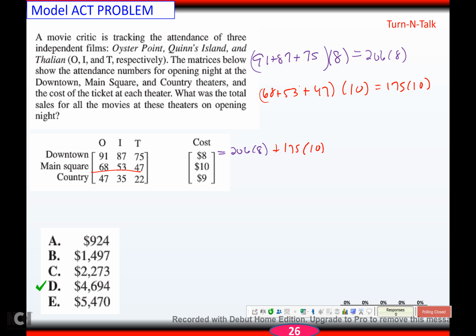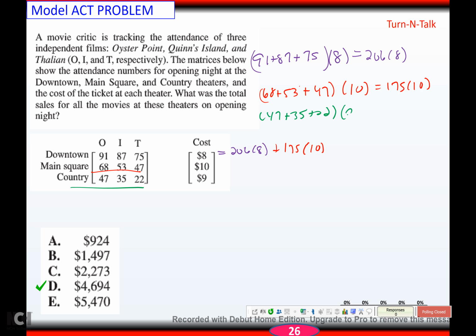And then last but not least, we do the bottom one, which says we're going to do 47 plus 35 plus 22 times 22. Or why are we doing 22? Where did I get 22?